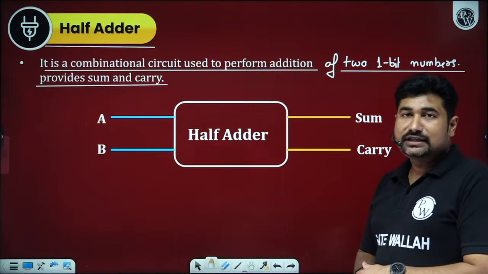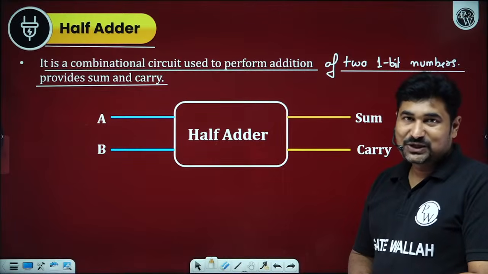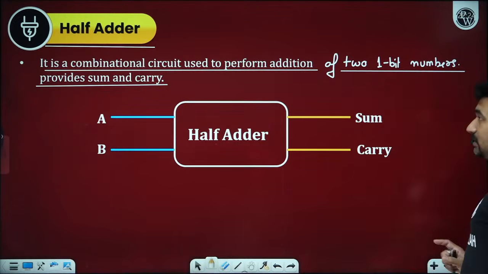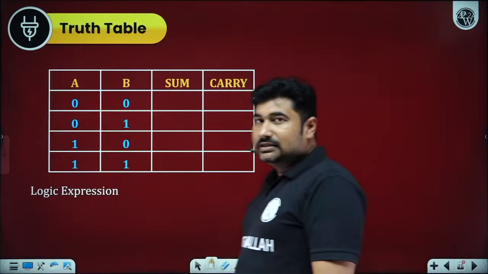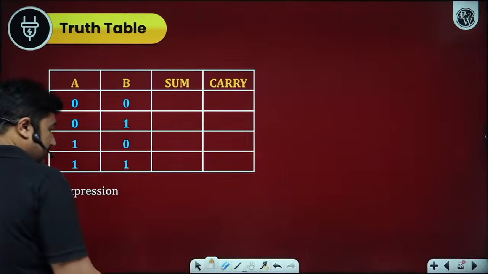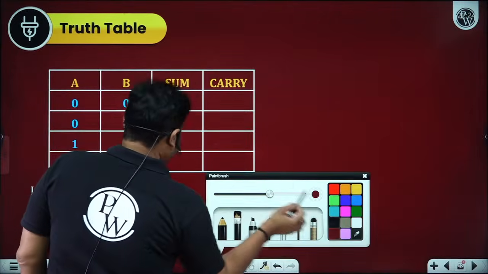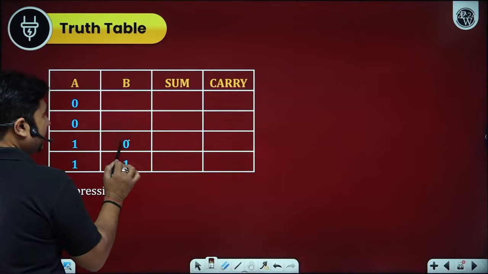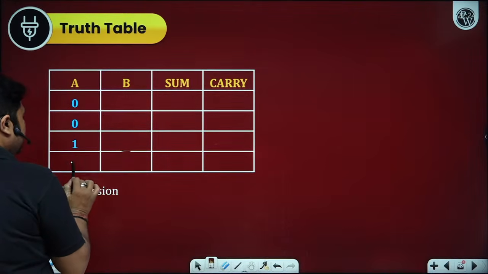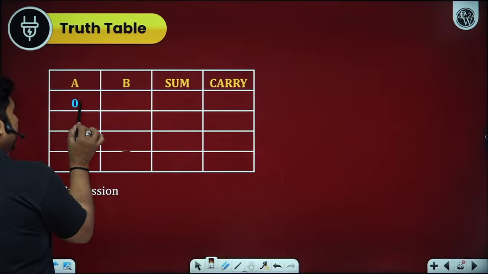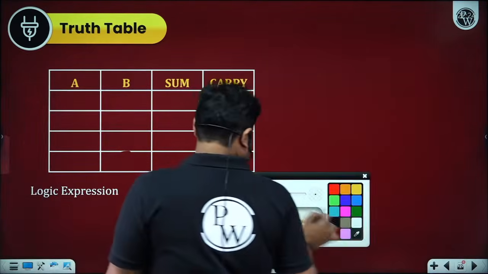Next is to construct the truth table. Please observe, beta ji. In the truth table, we have inputs A and B, and outputs sum and carry.